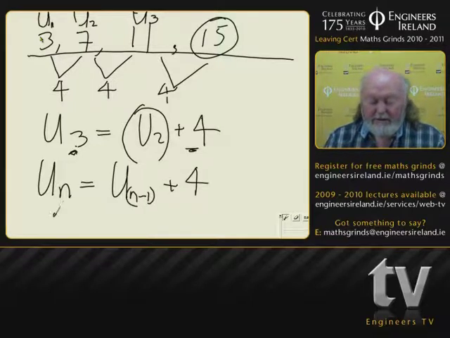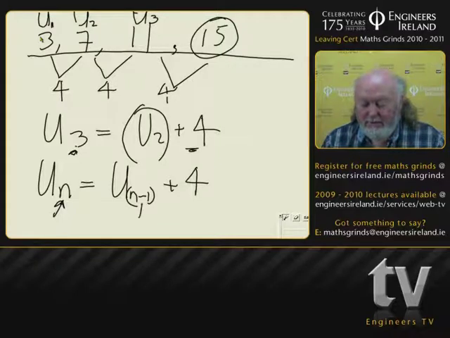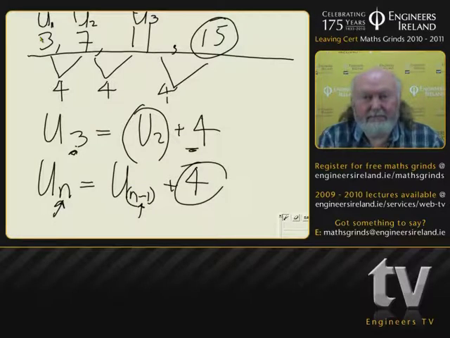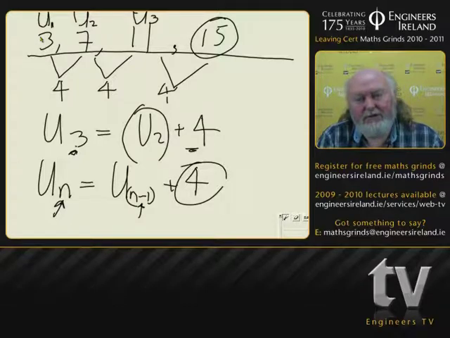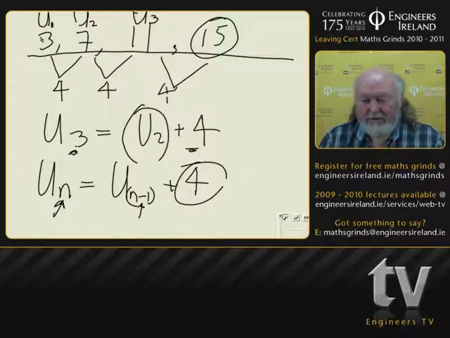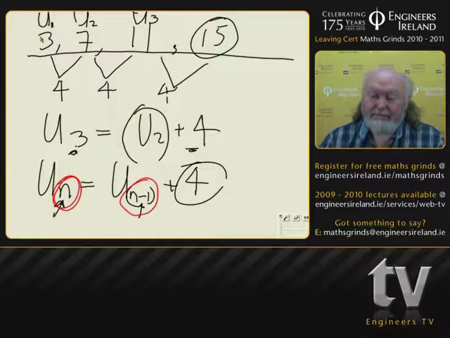Saying my nth one, the one I'm looking at now, that particular term is going to be the one before the n, which is the n minus 1, and 4. It's important just to get this naming concept and this kind of system of being able to talk about something such as the nth term in relation to one before it or even 2 before it.